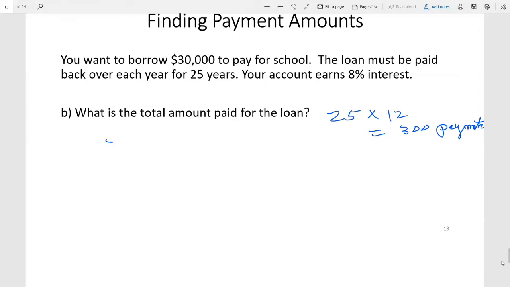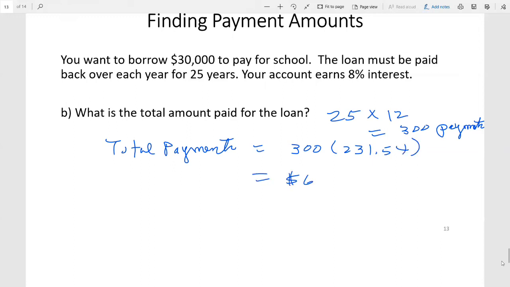So the total payments are 300 payments at $231.54, which is equal to $69,462. That is the total amount paid for the loan.